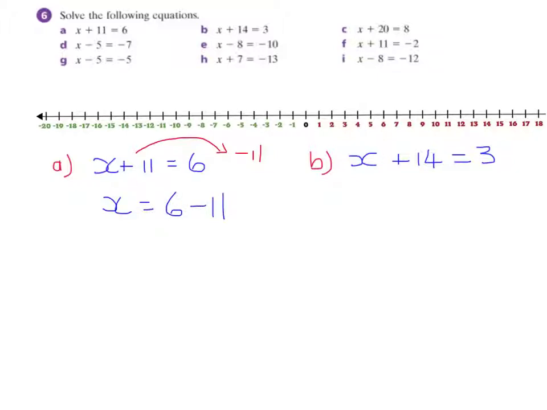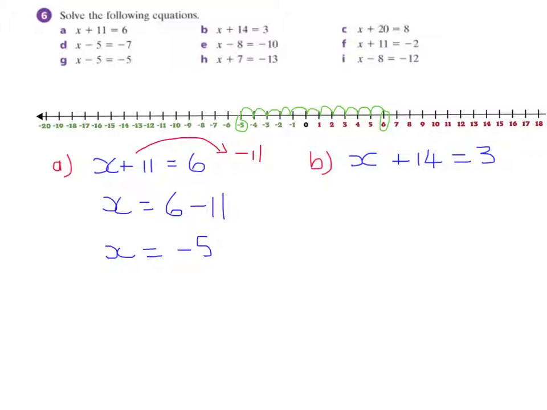Now you can do it in your head or you can use your number line. So if we think about my number line, I start with 6 and I take away 11. 1, 2, 3, 4, 5, 6, 7, 8, 9, 10, 11. So I end up with negative 5. So x equals negative 5.